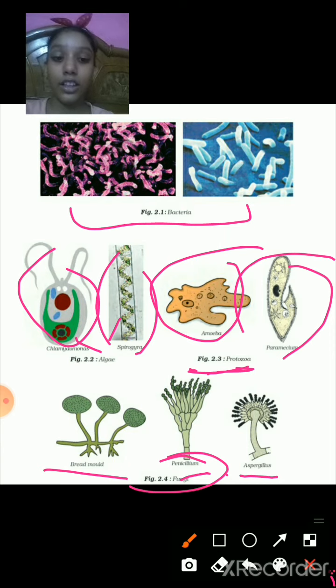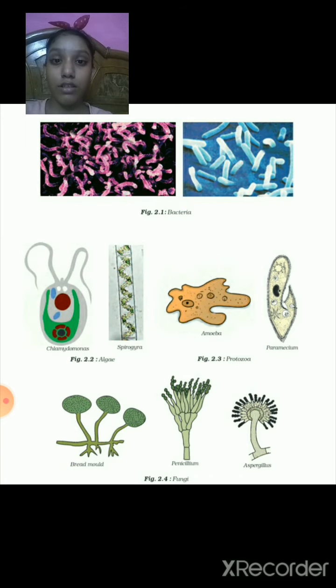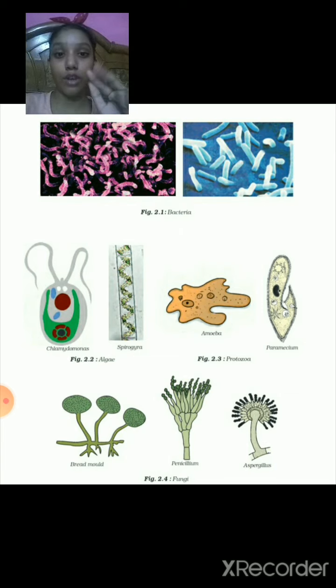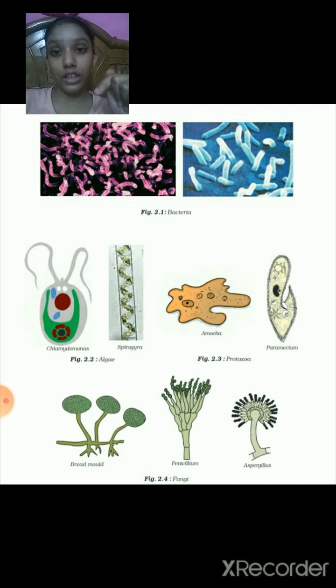So here I have shown the different types of these microorganisms. Bacteria are of two types, and you have to comment down below their names. Algae are Chlamydomonas and Spirogyra, protozoa are amoeba and paramecium, and fungi are bread mold, penicillium and aspergillus.